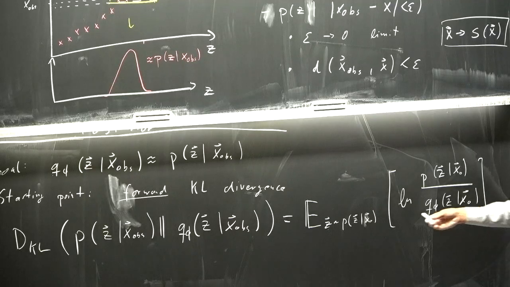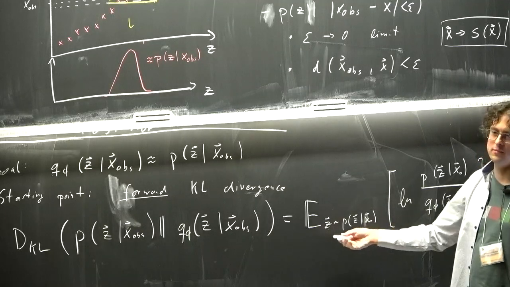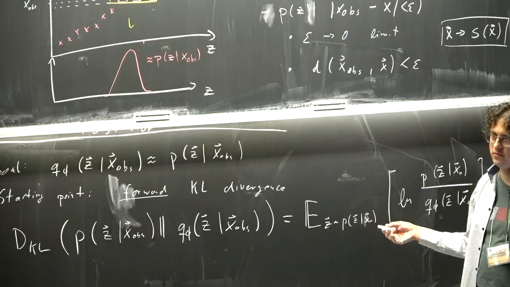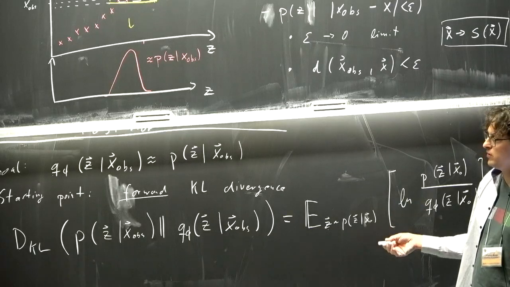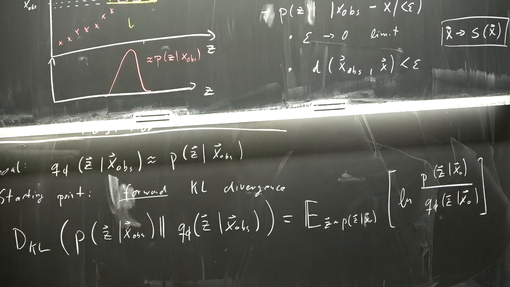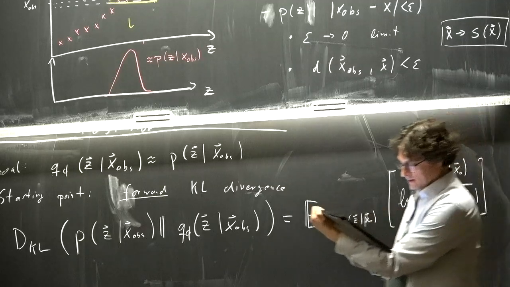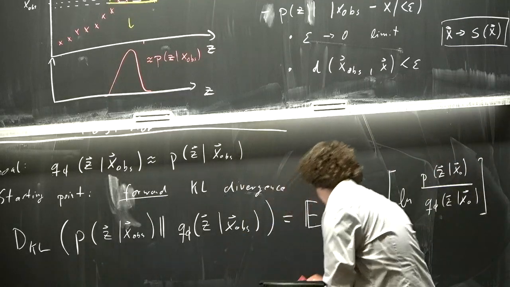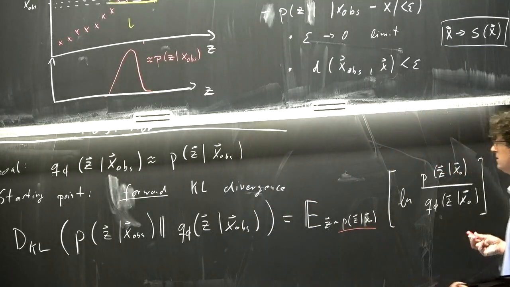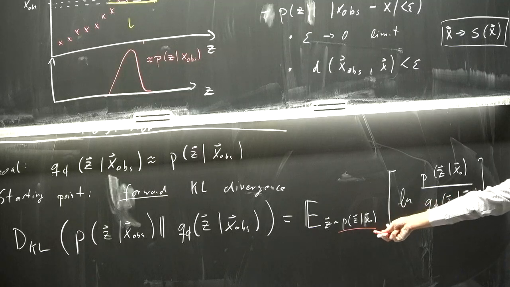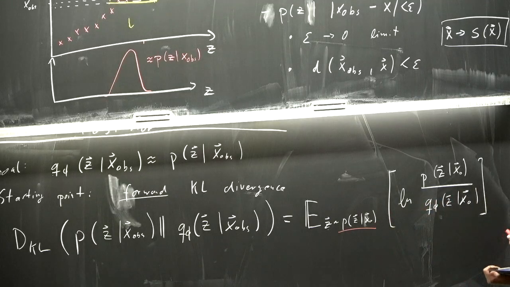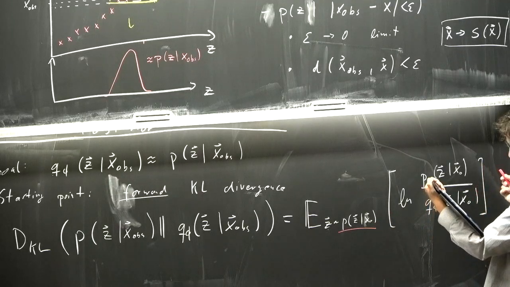But the problem is now, actually we don't know how to sample from the posterior in the first place, right? So we have a starting point which is intractable as it stands. We don't want to sample from the posterior because this defeats the purpose, and then we have to run MCMC or something like this.